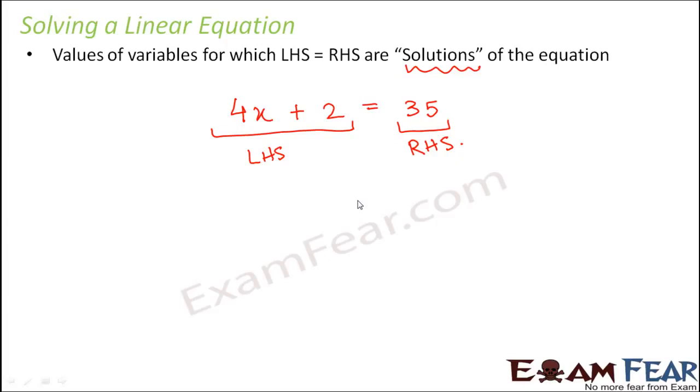So how will we solve this equation? Whatever we do in order to find the value of x, we always need to ensure that at every step LHS remains equal to RHS. So if we want to subtract something or add something, we have to do it on both sides so that the balance is maintained.